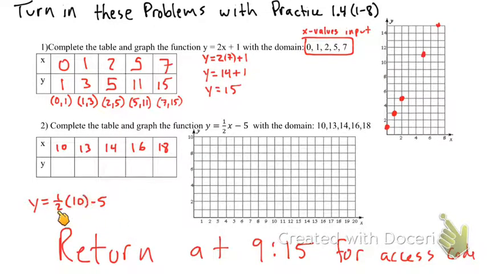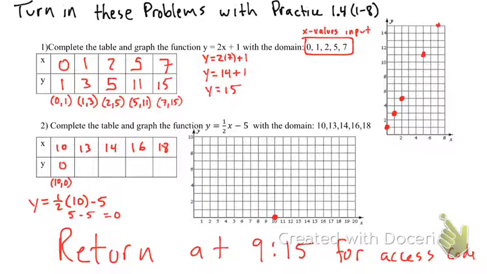Let's do this math, order of operations. What is half of 10? That's basically how you want to think about it. Or 10 divided by 2, or 10 times 1/2, okay? So that's going to give me 5 minus, bring down the 5, and essentially we get y equal to 0. So that point is (10, 0). Okay, let's plot it. (10, 0) is right here.